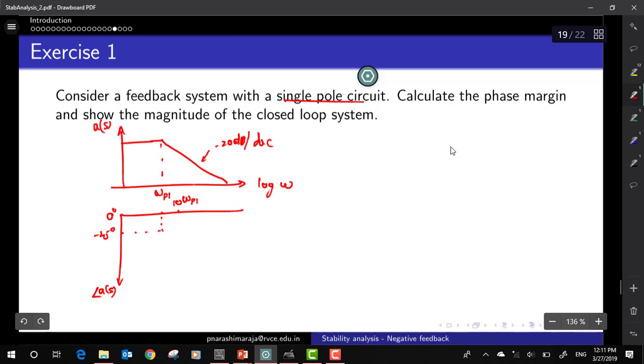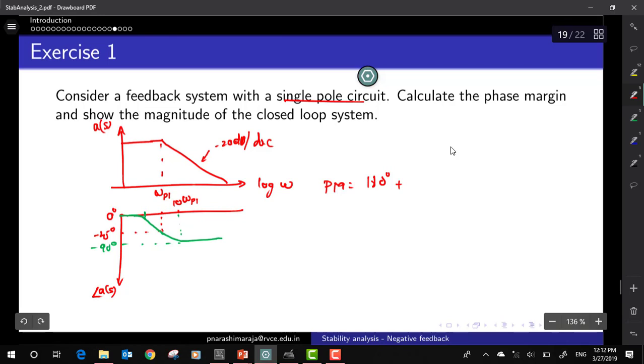The total phase shift starts here and somewhere here it starts to deviate from 0 degrees, then it moves across 45 degrees, and when I reach this particular frequency, it almost attains a maximum value of minus 90 degrees. Now the question is, what is the minimum phase margin that I can have for the system? Let us bring in our phase margin formula, which is 180 degrees plus the phase. Which phase are we talking about here?